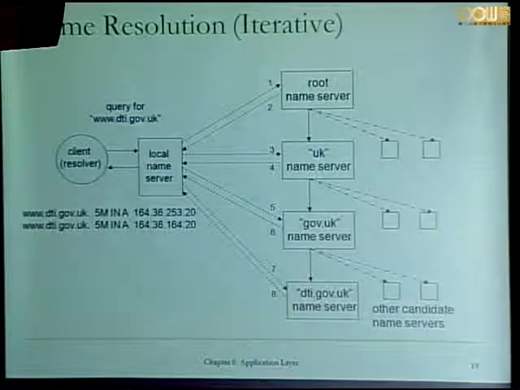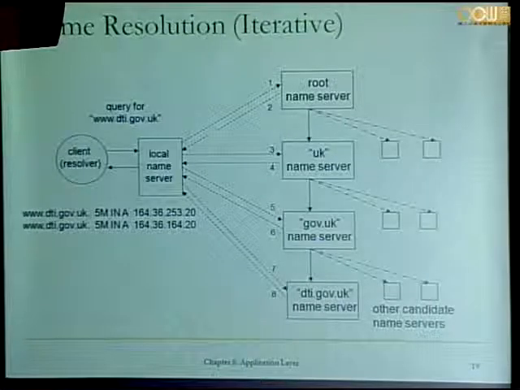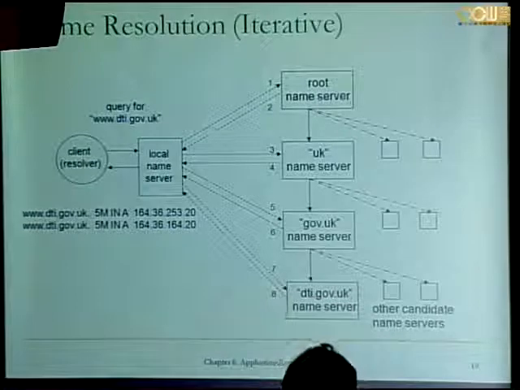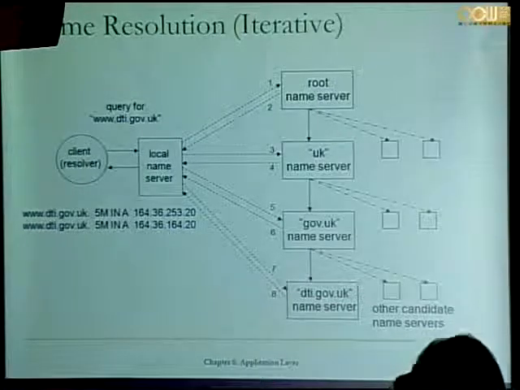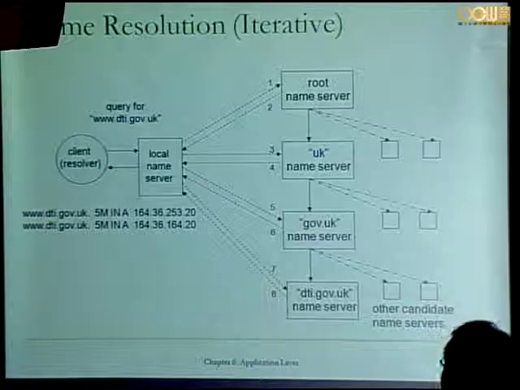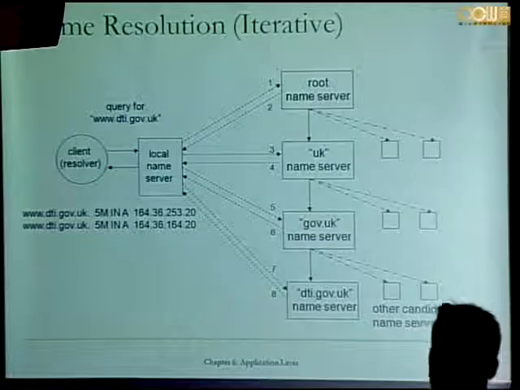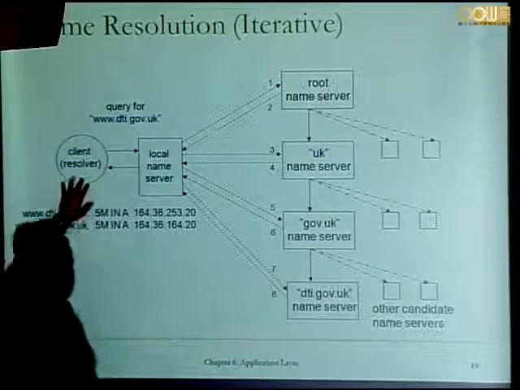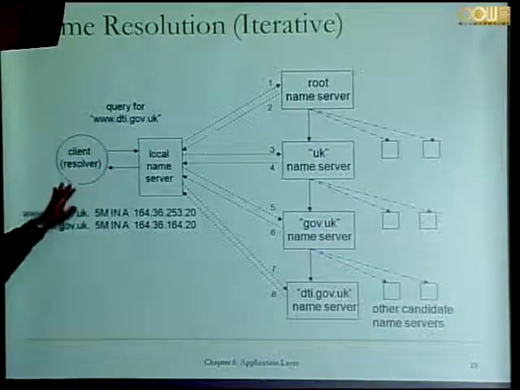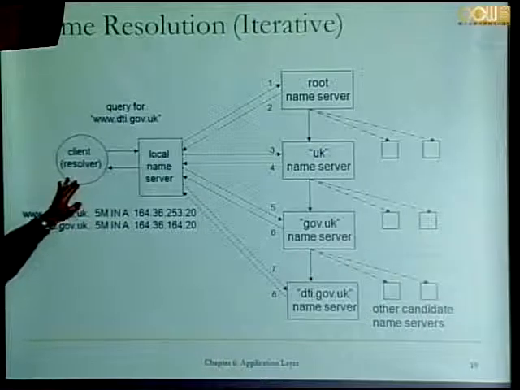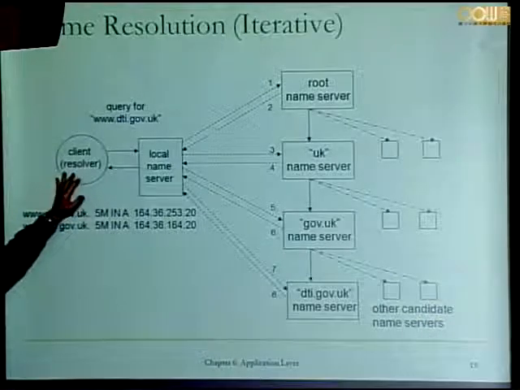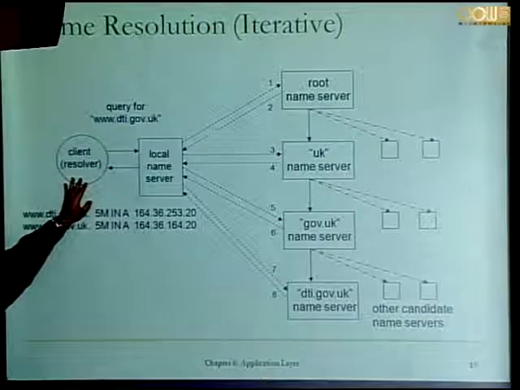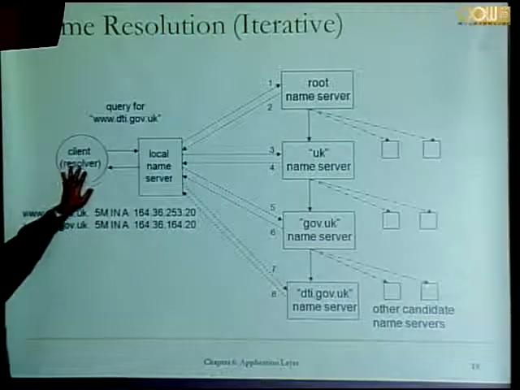Okay, so here's the name resolution process, and it's iterative, and I'll explain what happens if it's recursive. First of all, here's your client program, for example, a browser, or any program you wrote that requires networking.